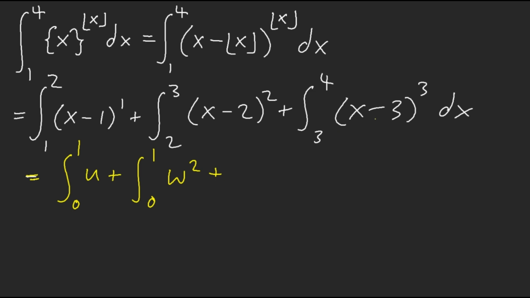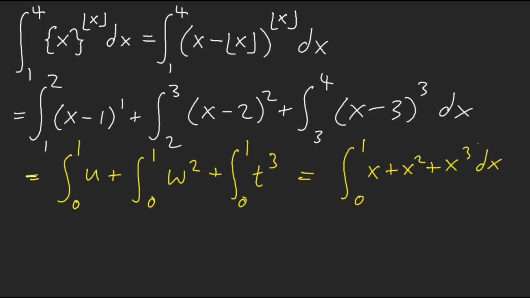And if I let t equal x minus 3, I get from 0 to 1, t cubed. Oh, would you look at that? I could literally just add these together because they have the same bounds. So I could just add them up like this. This is literally what it equals. How amazing is that?